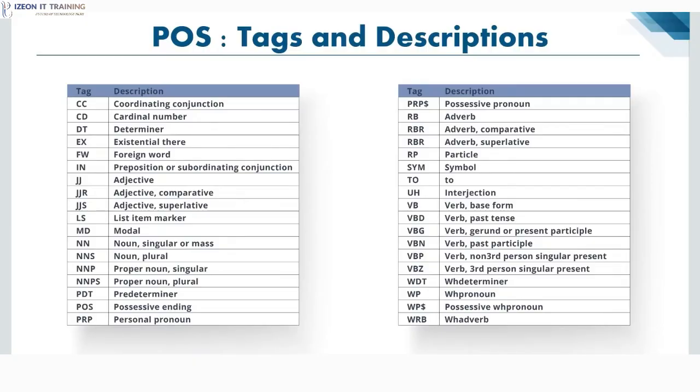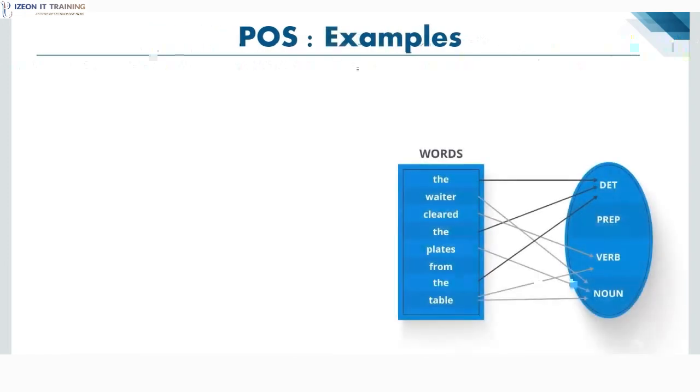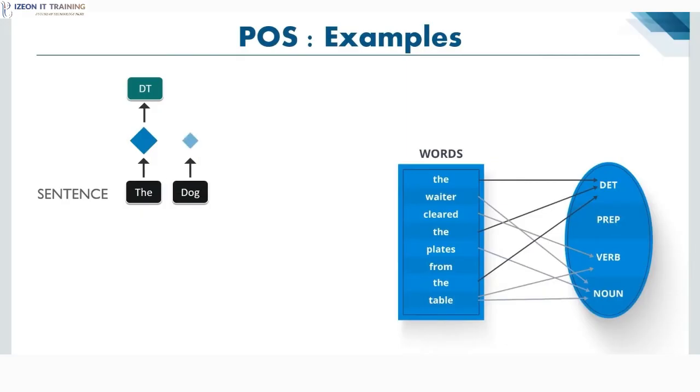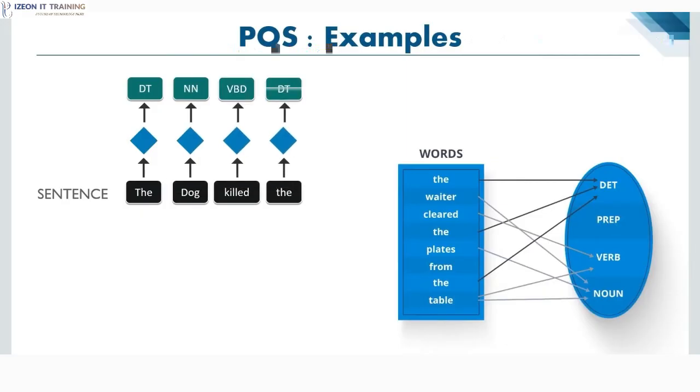Now we can use POS tags as a statistical NLP task. It distinguishes the sense of the word, which is very helpful in text realization, and it is easy to evaluate as in how many tags are correct. And you can also infer semantic information from the given text. Let's have a look at some examples of POS. Take the sentence, the dog killed the bat.